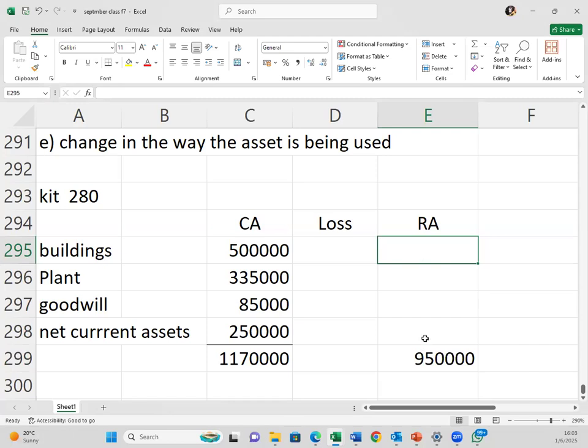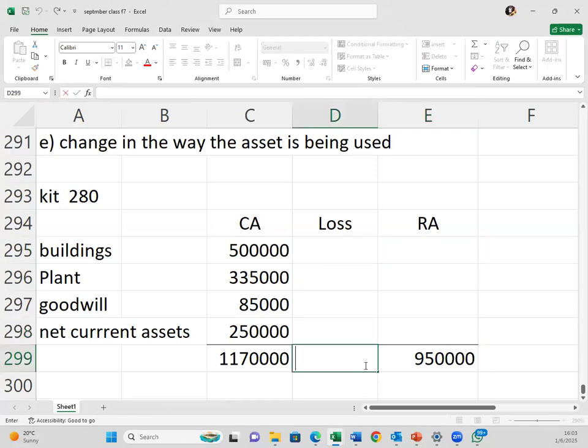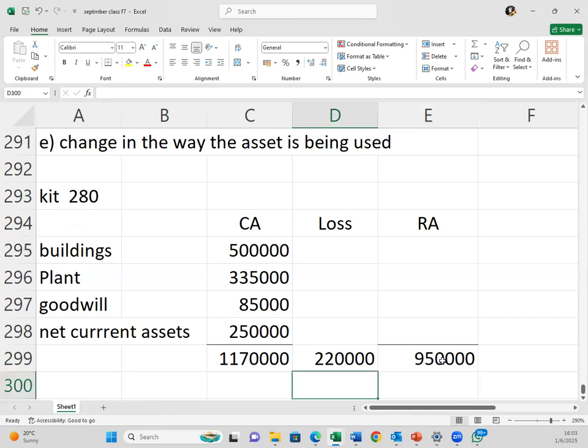Then after we have put our recoverable amount, we work out our impairment loss in total. If overall the CGU has a carrying amount of 1,170,000, but we can only recover 950,000, we first calculate how much the impairment loss is in total.